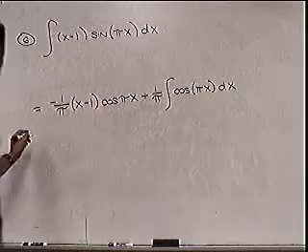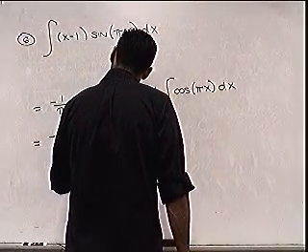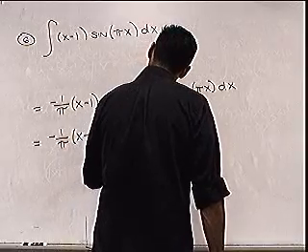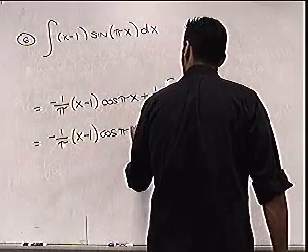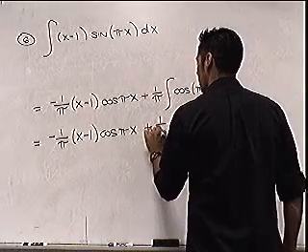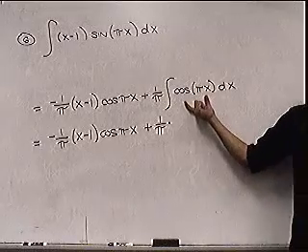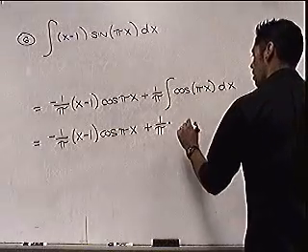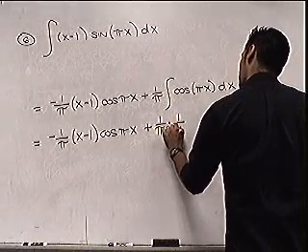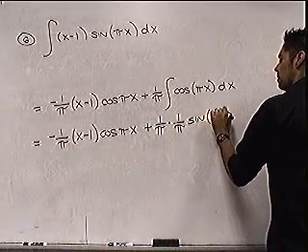All right, let's do this. This is negative 1 over pi x minus 1 cosine pi x plus 1 over pi times, now what was the antiderivative of this? 1 over pi sine pi x plus c.